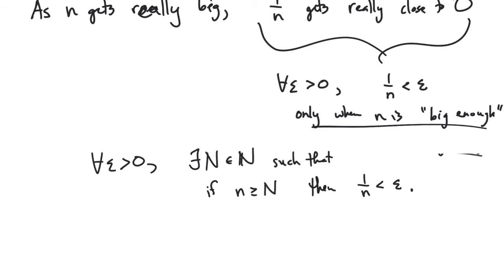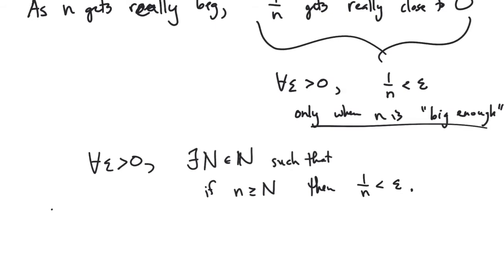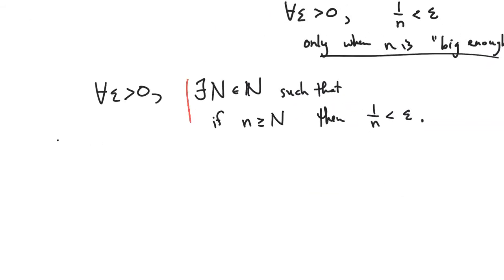All right. So my commentary about this is that this right here means if n is big enough. What I mean by big enough, like I said before, is there is some kind of minimum threshold so that if n is bigger than this point, then the value 1 over n will be less than epsilon.